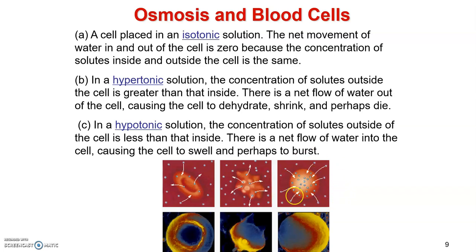So there is a net flow of water into the cell. The water will come into the cell, causing the cell to swell, and perhaps burst when there is too much water in the cell. So these osmosis properties help cells maintain their structure.